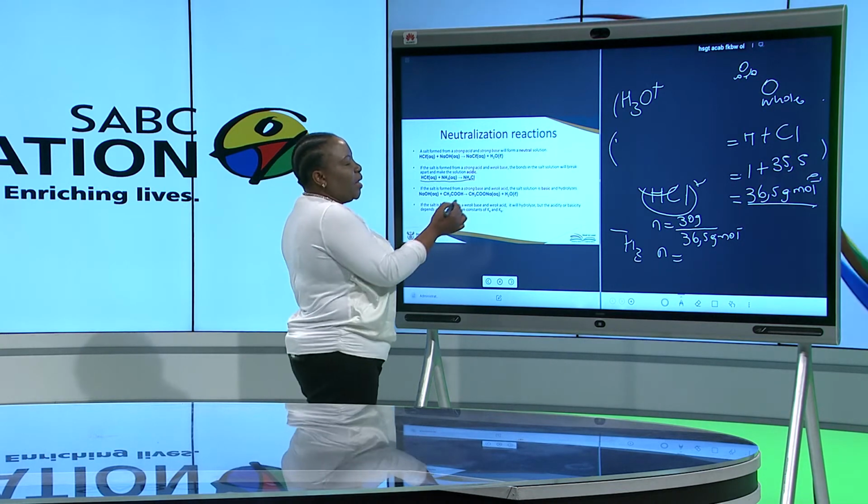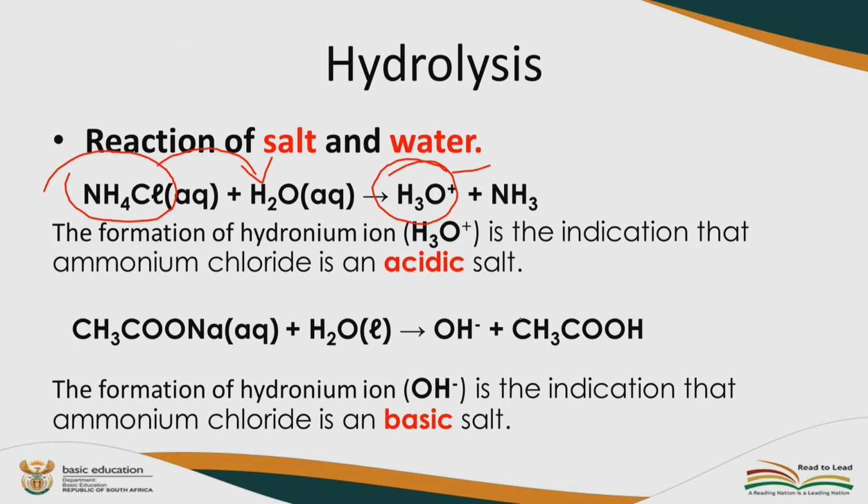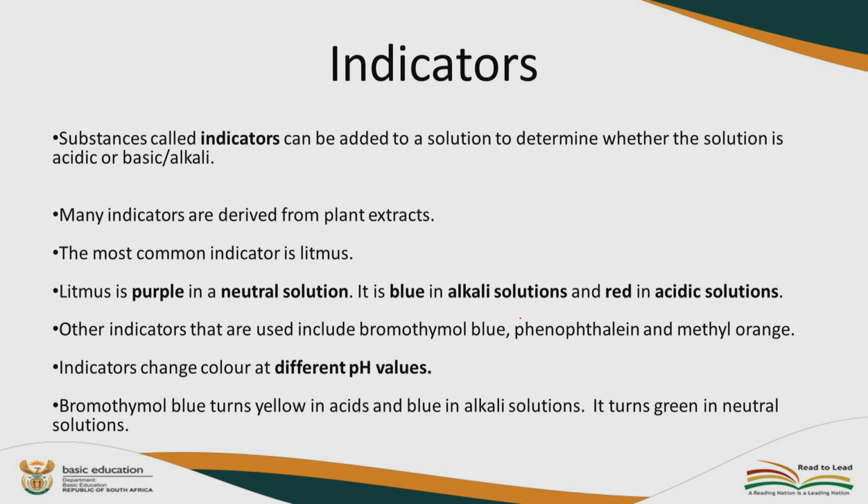And what is going to happen? We are going to have sodium ethanoate as a product, and water. Sodium ethanoate is a basic salt because it's a salt that was formed when a strong base reacts with a weak acid. Now, it is very important for you to know whether a solution that is formed after the reaction is acidic or basic.